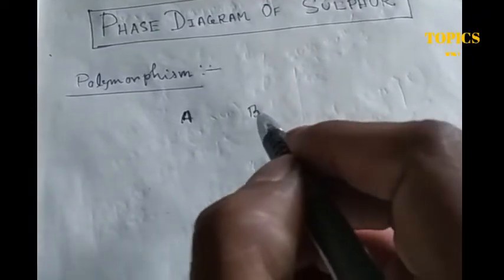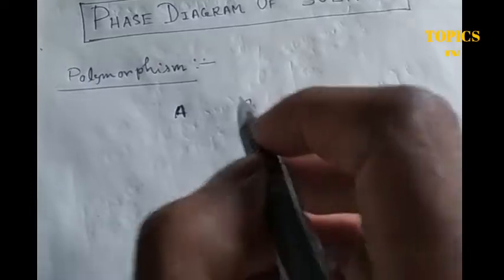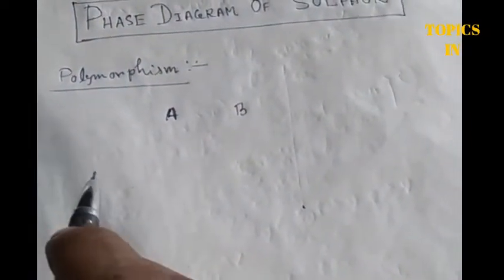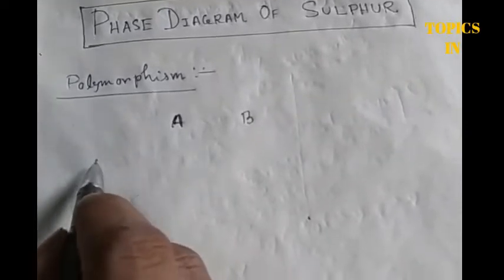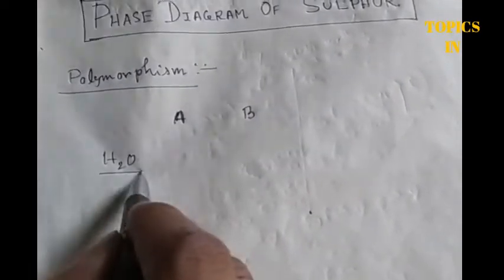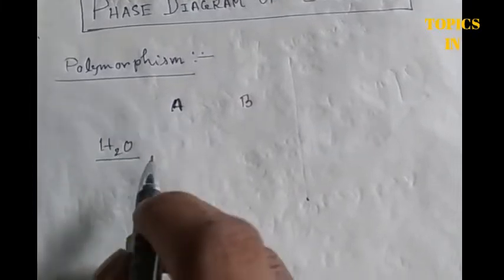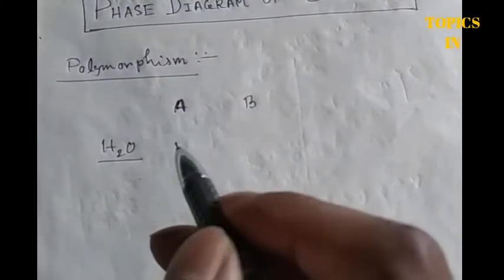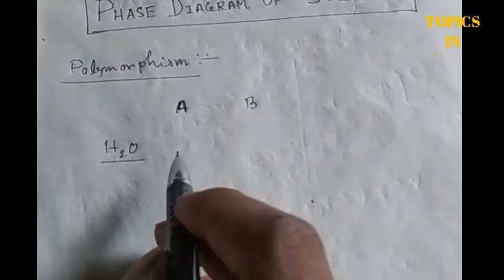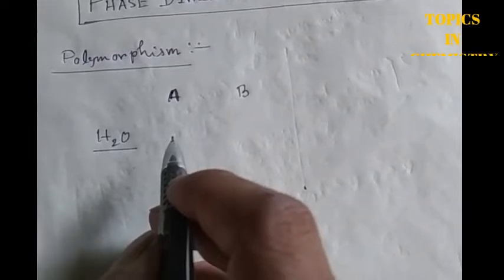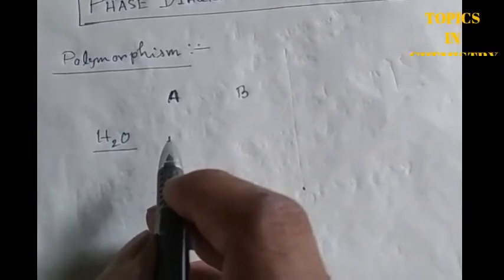Polymorphism occurs in a number of elements and compounds also. Water is a compound, and if you increase the pressure, ice can exist in different crystalline forms. It can exist in 7 different crystalline forms. All are polymorphs of water.